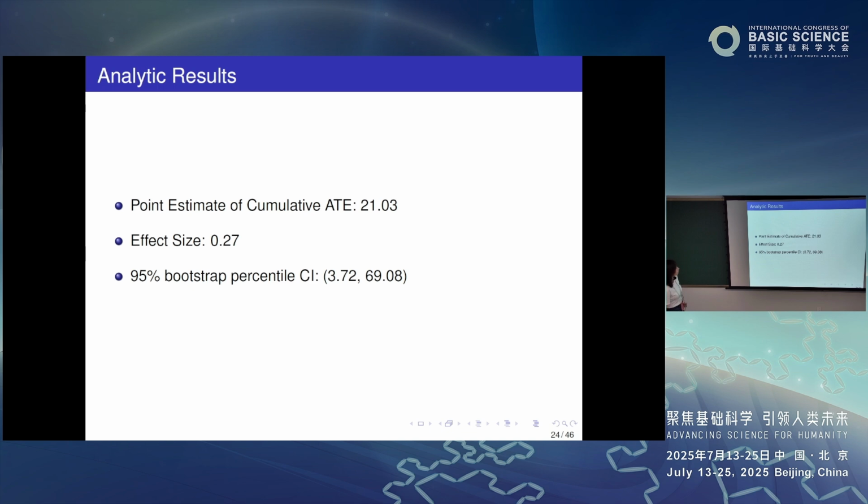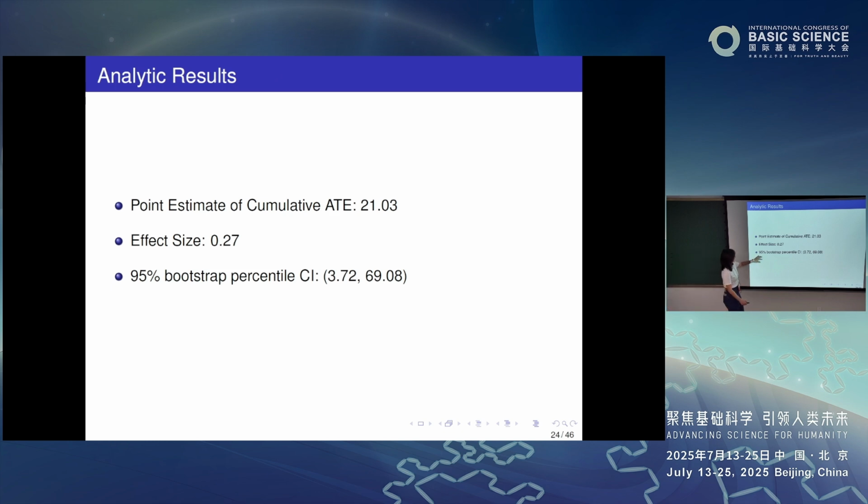Okay. All right. Now we apply our strategy to Project STAR, and we found a point estimate of the cumulative ATE of 21. So on average, students who take the small class all the way enjoy higher academic performance compared to students who take a regular class all the time.